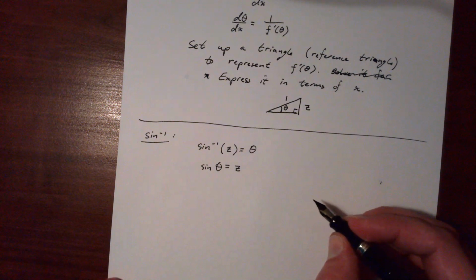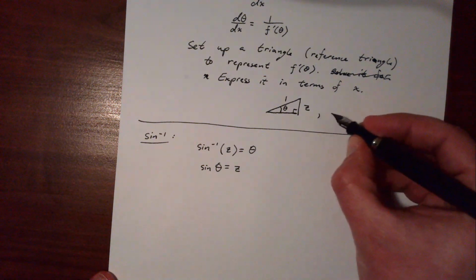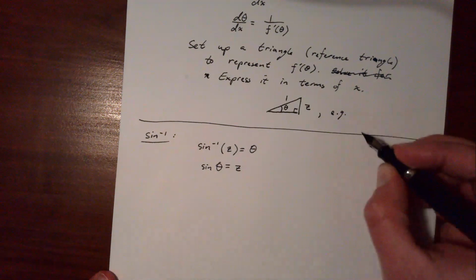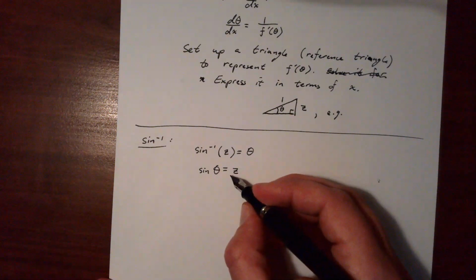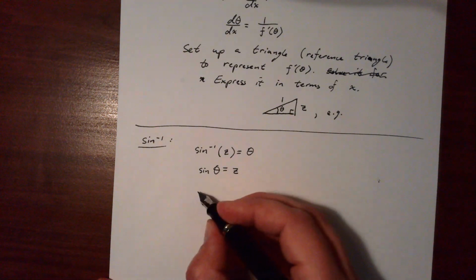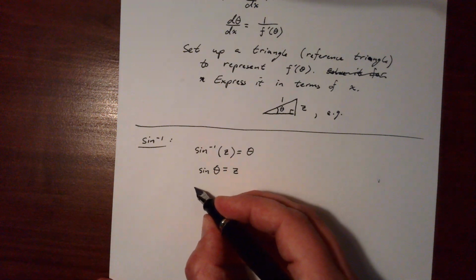So specifically now, that triangle is an example of what it might look like. Okay, so now what we can do is take the derivative of both sides with respect to z. So this is going to be the derivative of sine is cosine.